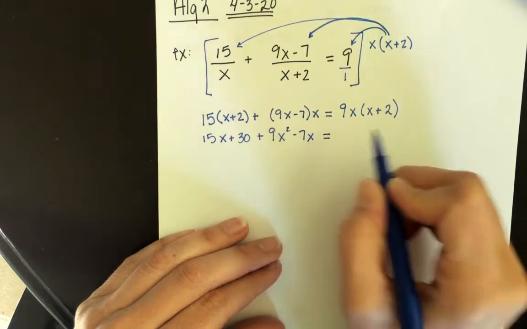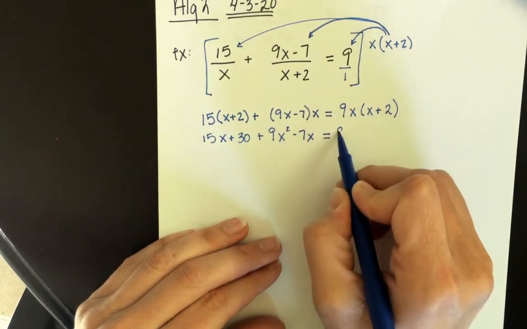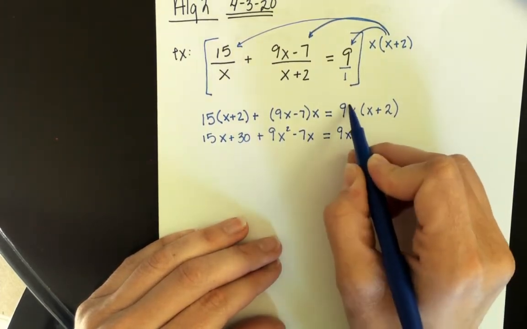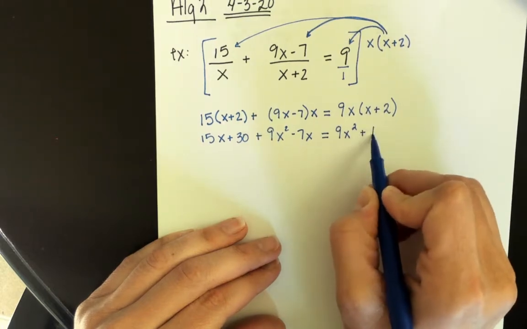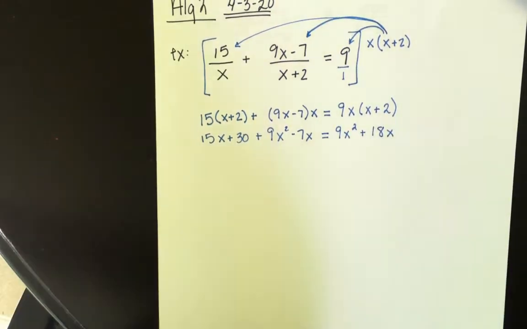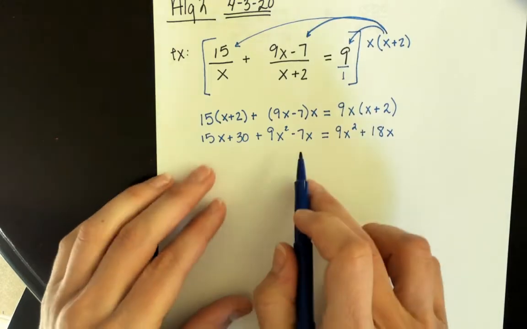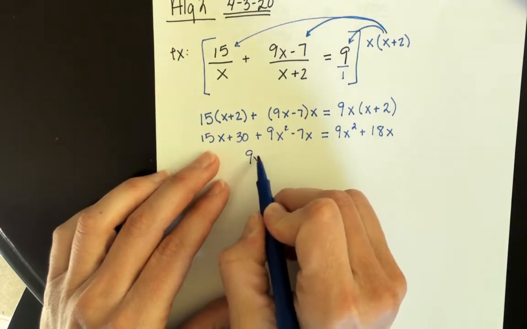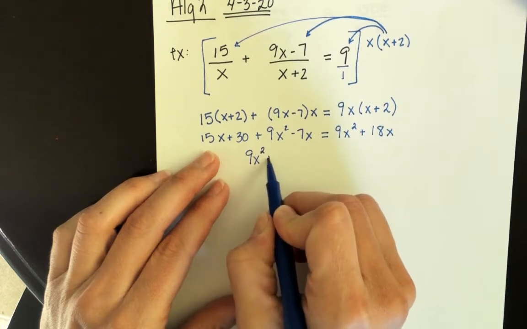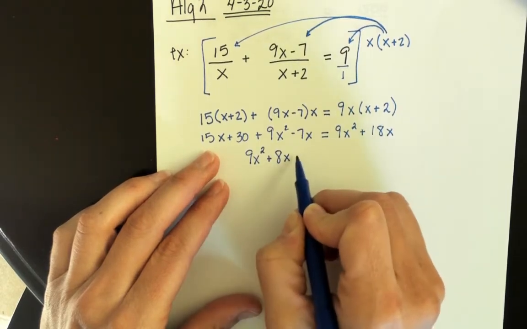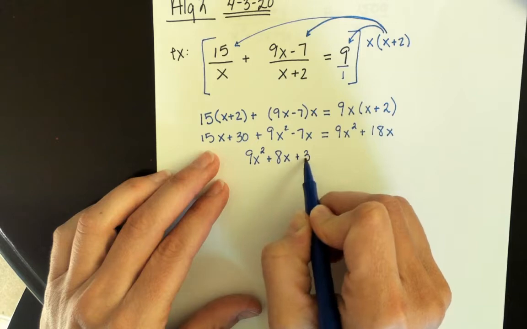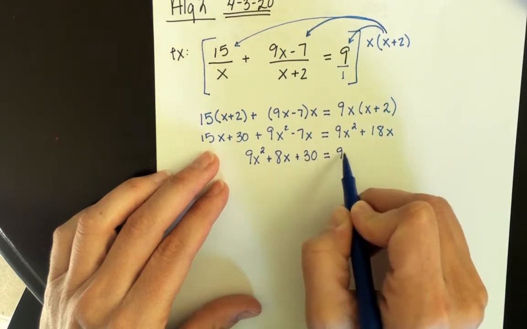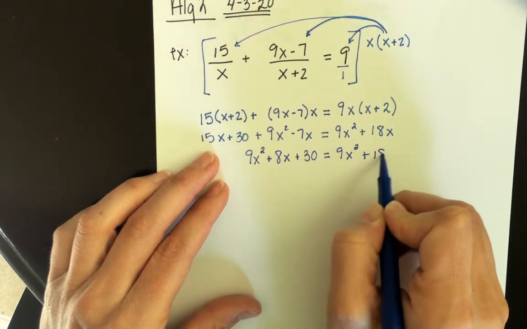And then over here, 9x times x is 9x squared. 9x times 2 is 18x. So when I simplify my 15 minus 7, this side leaves me with 9x squared plus 8x plus 30. And over here is our 9x squared plus 18x.